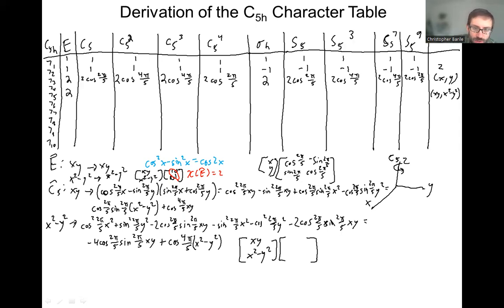So xy went to cosine 4 pi over 5 xy. So the value here is cosine 4 pi over 5. And then for x squared minus y squared, again, it's cosine 4 pi over 5. That was the part that's multiplied by x squared minus y squared.